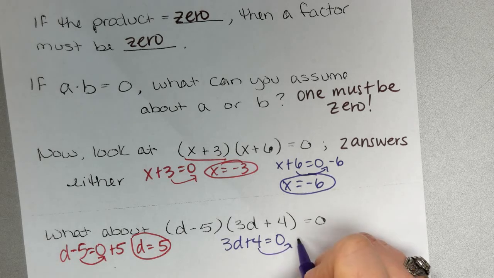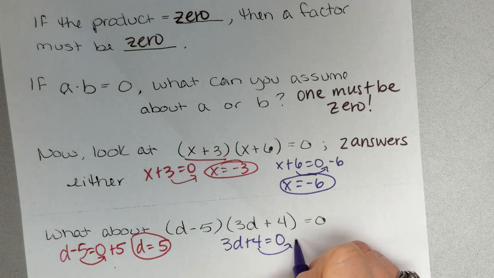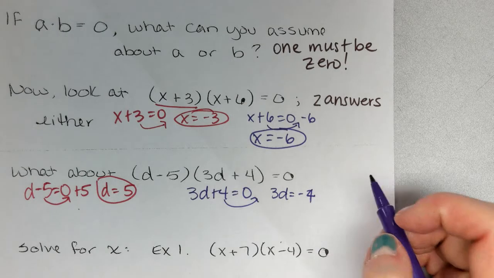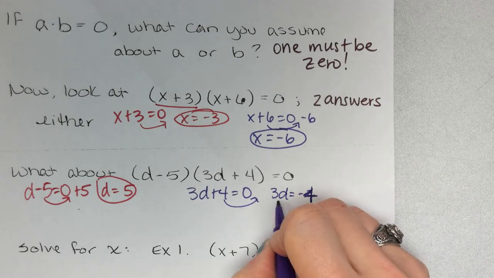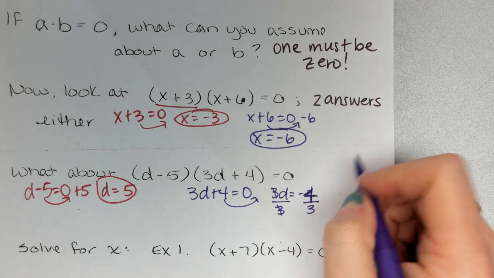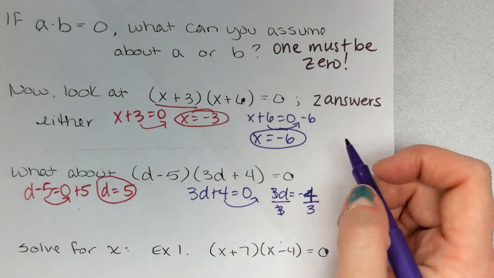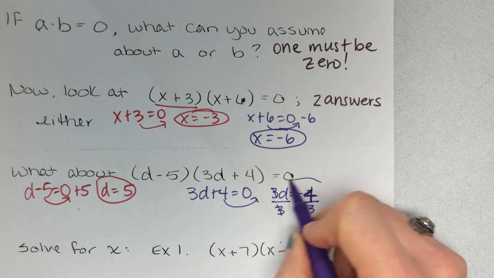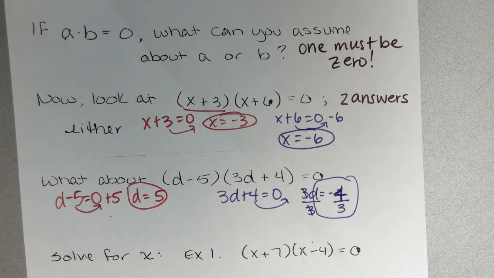When we move the 4 over, we subtract 4 from both sides. We get 3d equals negative 4. And then divide by 3. We get d equals negative 4/3. So this is our other answer. So d equals 5 or d equals negative 4/3.